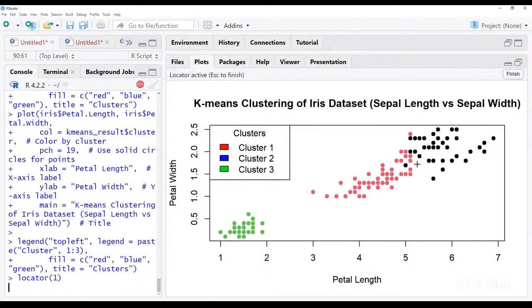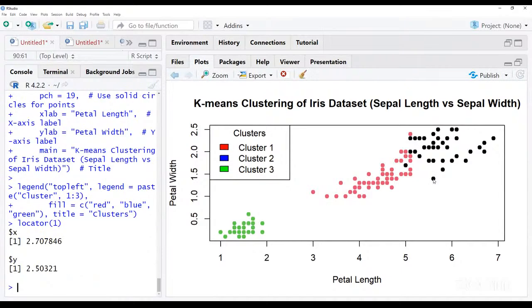Then you select one variable, only one. So now you can find it is 2.70 in the x variable and 2.50 in the y variable. So that is the coordinate.